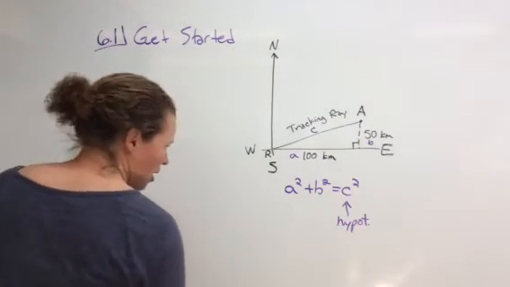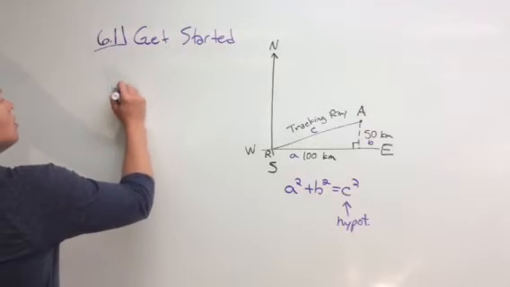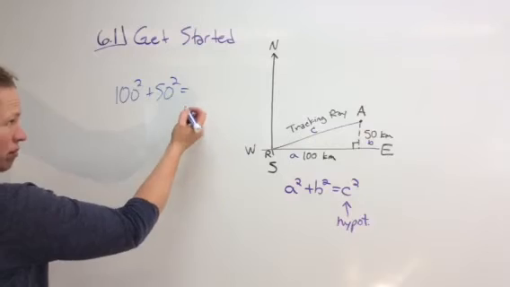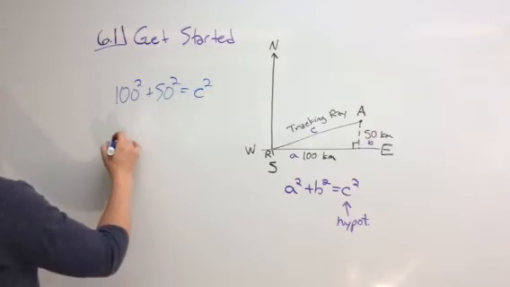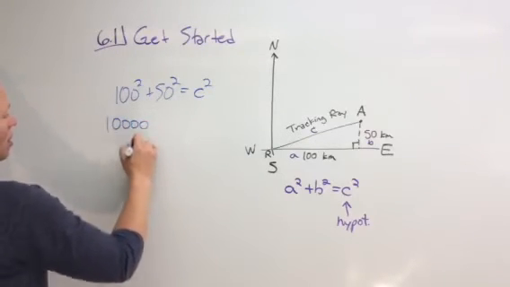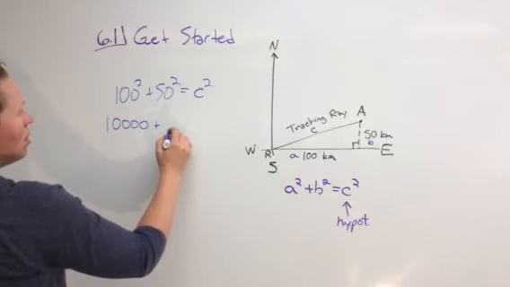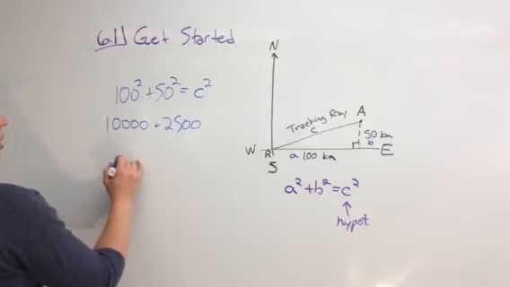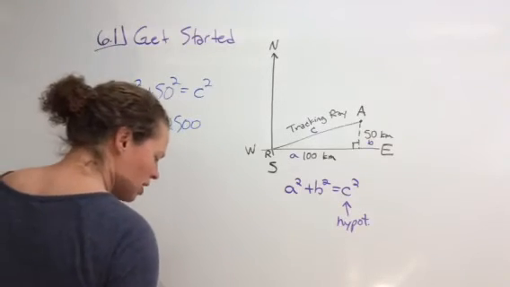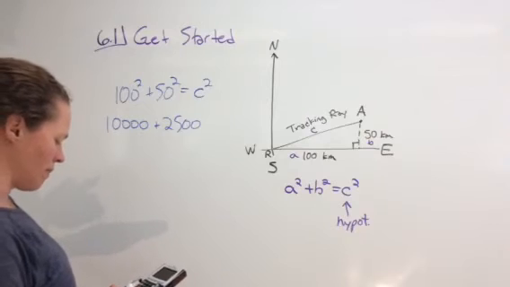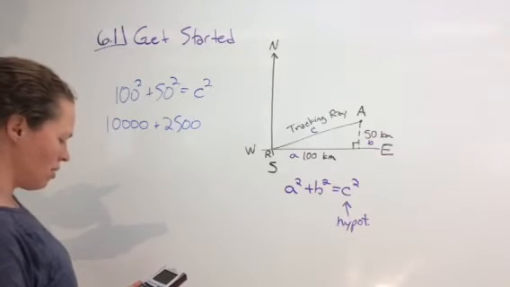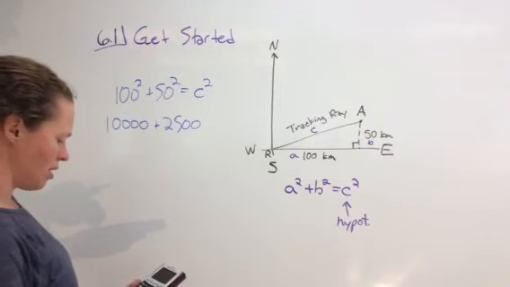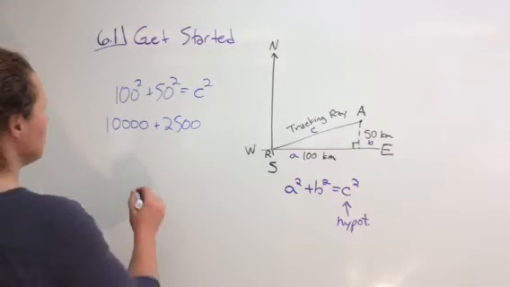Let's run them through and see what happens. 100 squared plus 50 squared equals c squared. 100 squared is just extra zeros. 50 squared is 25, a couple extra zeros. I better use my calculator just to make sure I don't muck up. 100 squared plus 50 squared equals, yay, I was right.